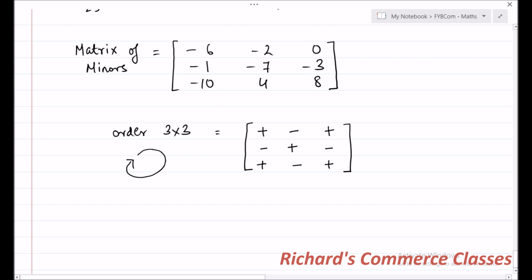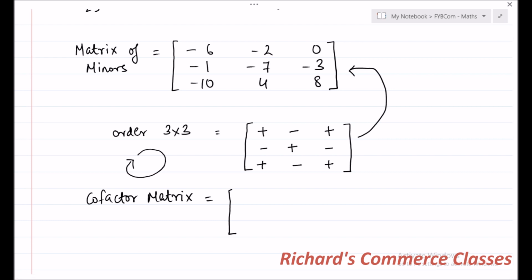So now applying this diagram to the matrix of minors, you will get your final answer, that is a cofactor matrix. The cofactor matrix, let us see how it works. The first sign to be assigned is plus.